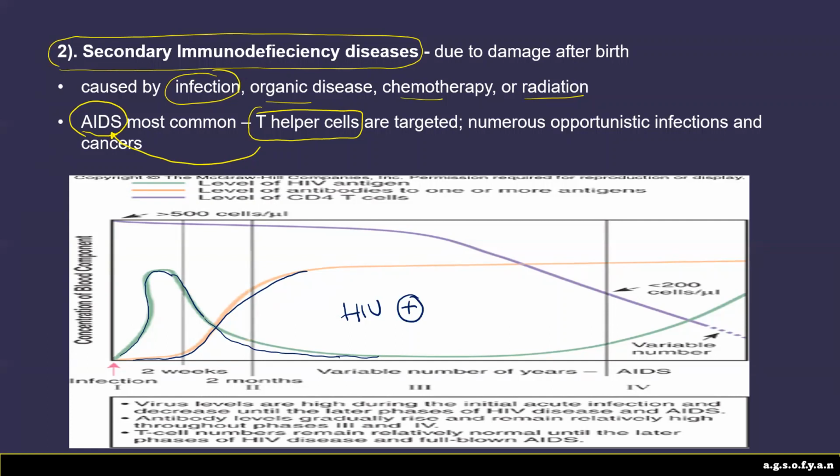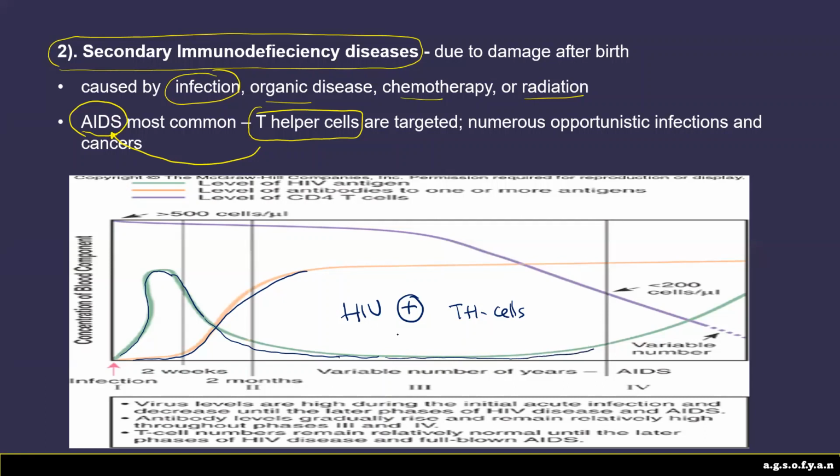And then the one that is attacked is actually the T helper cell. So the T helper cell will carry these HIV viruses in its nucleus, on its DNA. Yes, the HIV virus level will be lower, but they still stay positive.